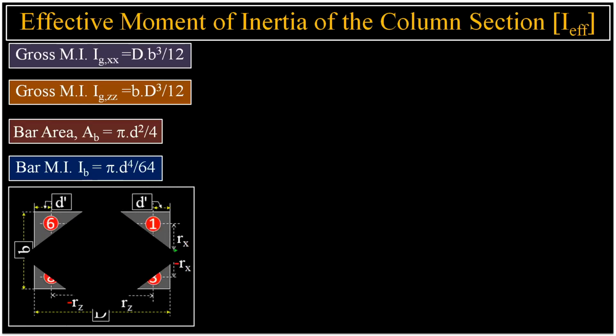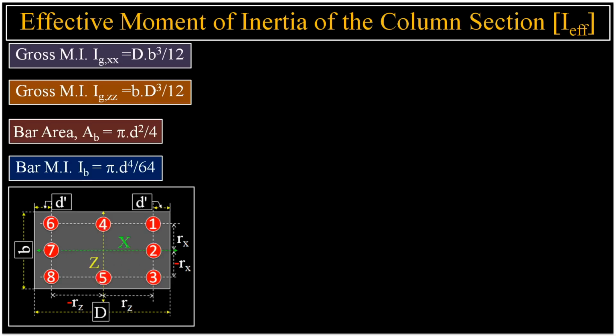We are now viewing a typical column cross-section. The dimensions are d in the x direction and b in the z direction. The centroid of the section is at the origin, 0, 0. This section contains 8 reinforcing bars.